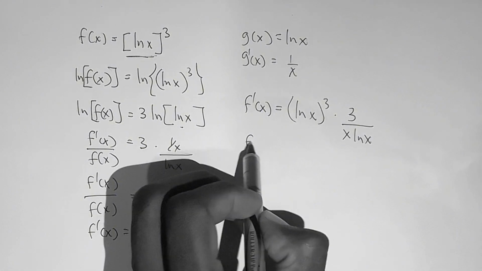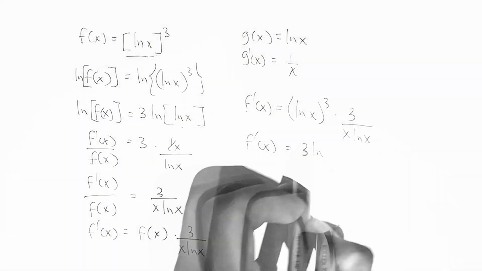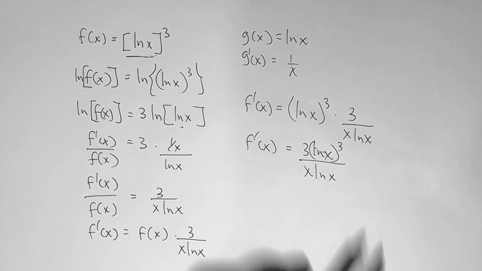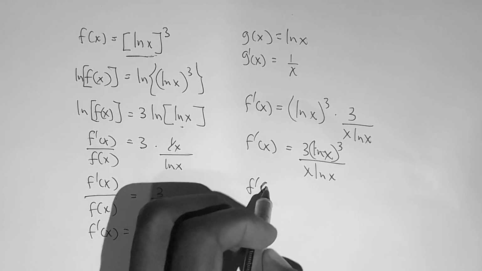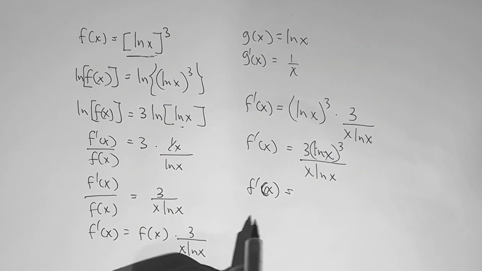So this then becomes f prime of x equals 3 times ln x all exponent 3 divided by x ln x. Now, continuing further, you see there's ln x here, there's ln x here.